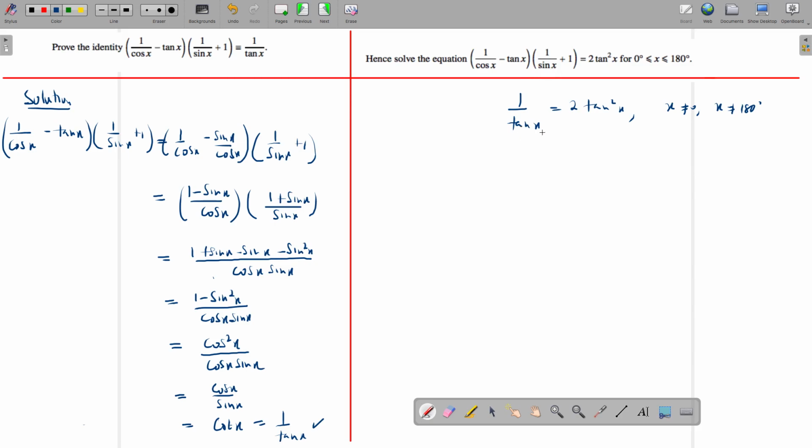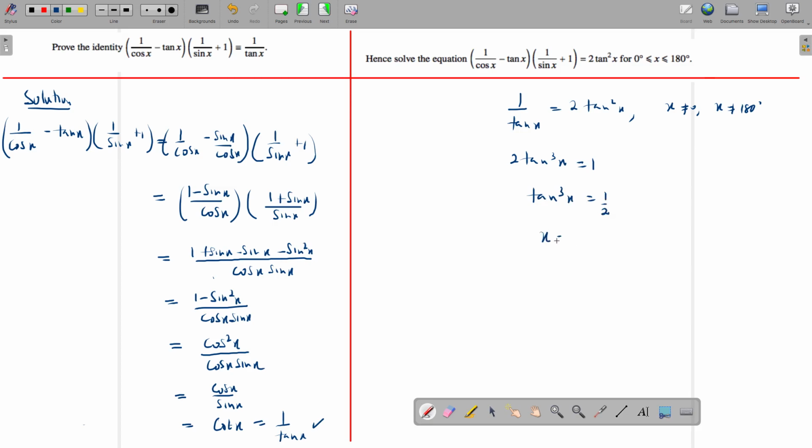So the tangent will be defined when x is not equal to 0 and not equal to 180 degrees. So I can multiply both sides by tangent. So I have 2 tan cubed x is equal to 1. So tan cubed x is equal to 1 over 2.